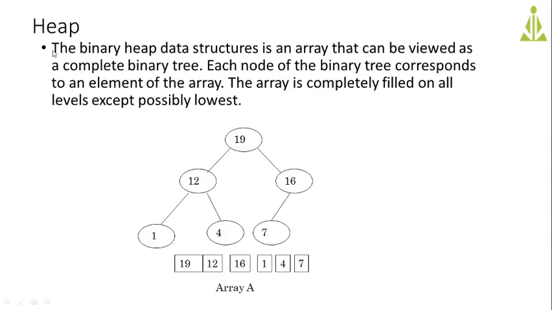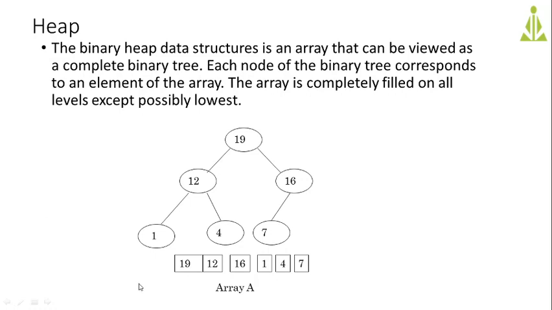So what is a heap? The binary heap data structure is an array that can be viewed as a complete binary tree. Each node of the binary tree corresponds to an element of the array. The tree is completely filled on all levels except possibly the lowest. Here is an array: 19, 12, 16, 1, 4, 7.